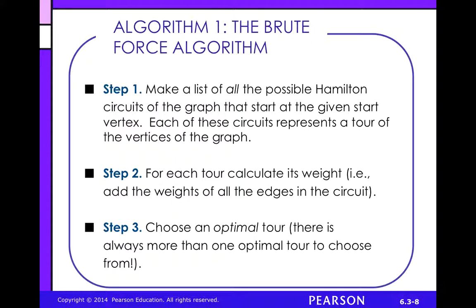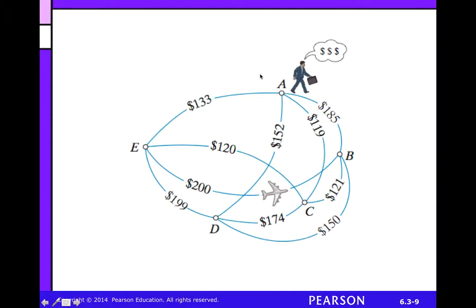For each tour, you calculate its overall cost by adding up the costs of all the edges. And then once you've listed everything, you can literally just choose one that's the cheapest. Usually there's more than one, so you choose one of them randomly. It doesn't matter.